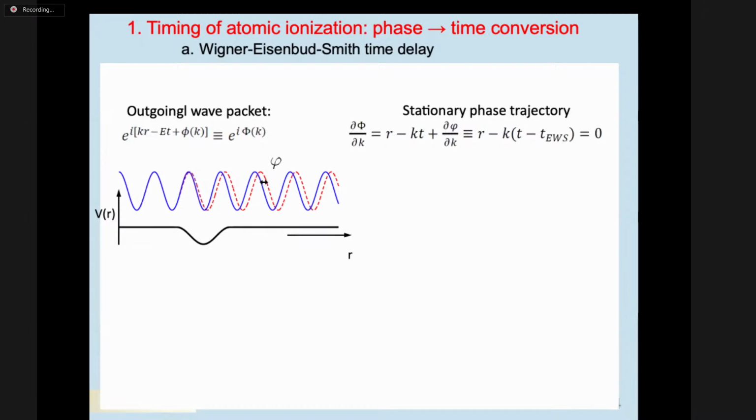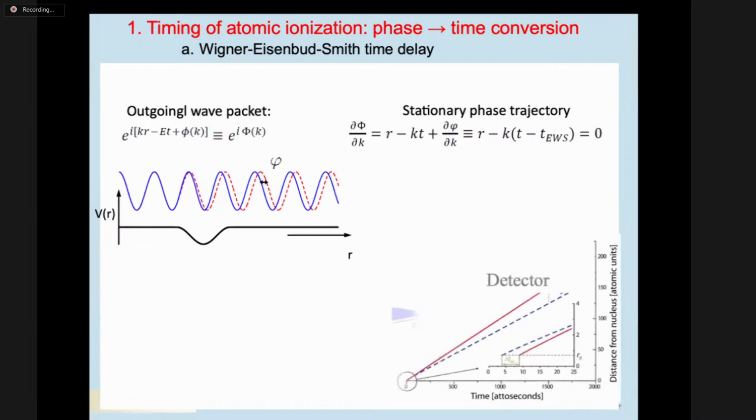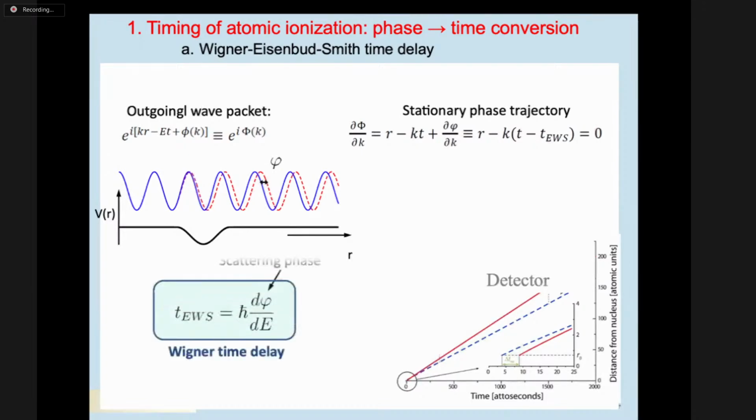This offset is very easy to visualize by back-propagating the photoelectron trajectory to the origin, and we will see that the intercept of this trajectory with the 0 coordinate takes place at some time, which is called the Wigner time, and it can be expressed by a simple formula attributed to Wigner and his co-workers.